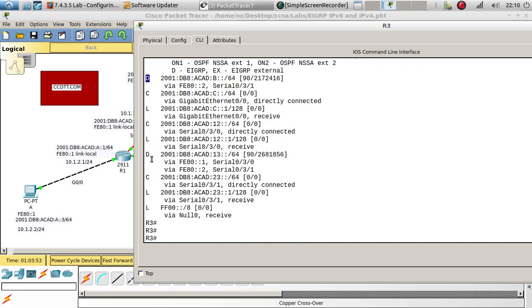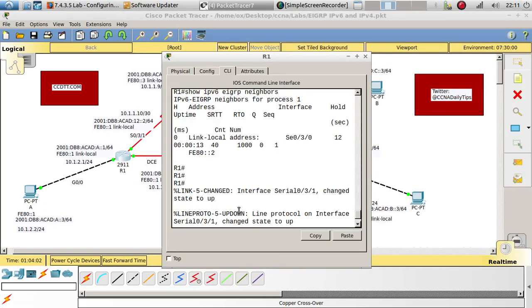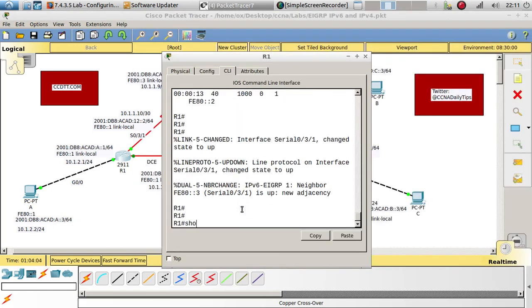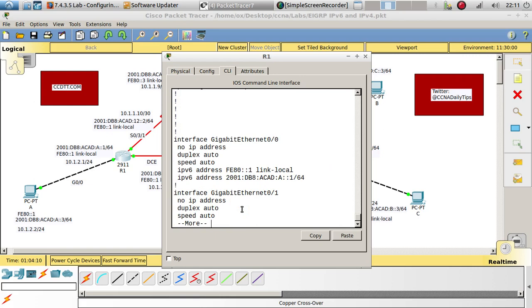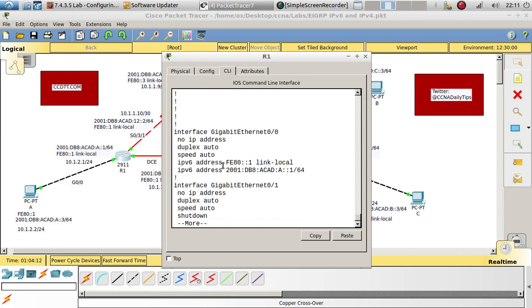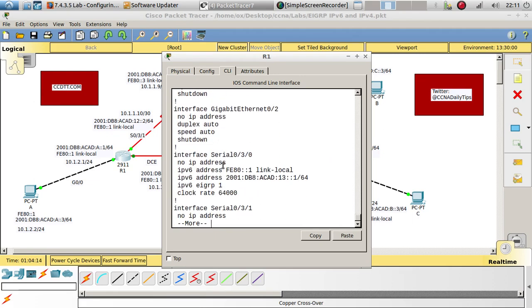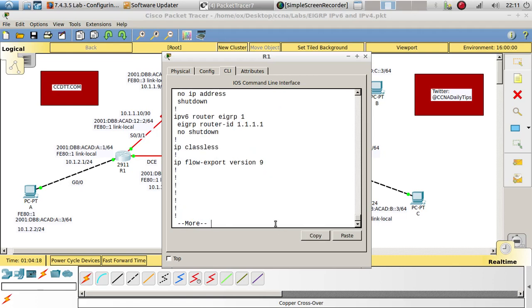All right, so I don't think we have this one over here, because I don't think I nailed it there. So let's do a show run to see if we are advertising, and I don't think we are. Right, yep, so EIGRP is now running. So let's go ahead and configure that EIGRP.